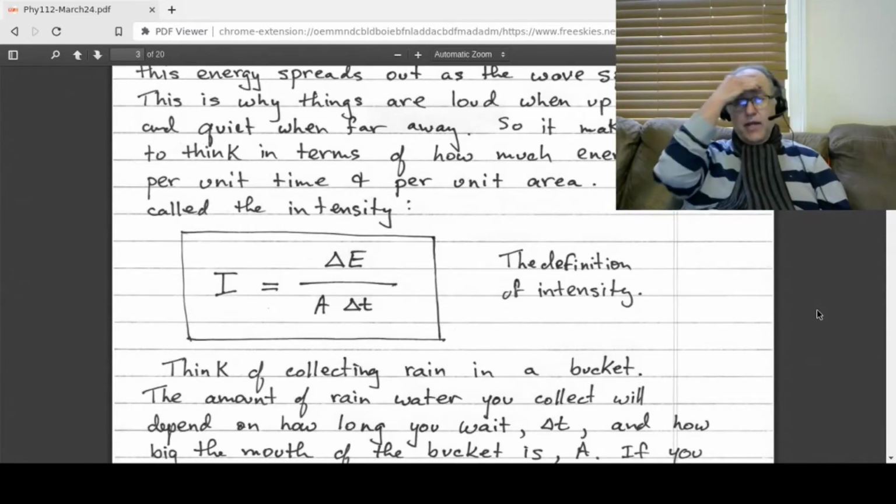So let's get our heads around this equation. How do we understand it? Let me first say it in terms of energy, and then I'll try to give you an analogy in terms of rain, if you wanted to measure, say, the intensity of a rain shower.